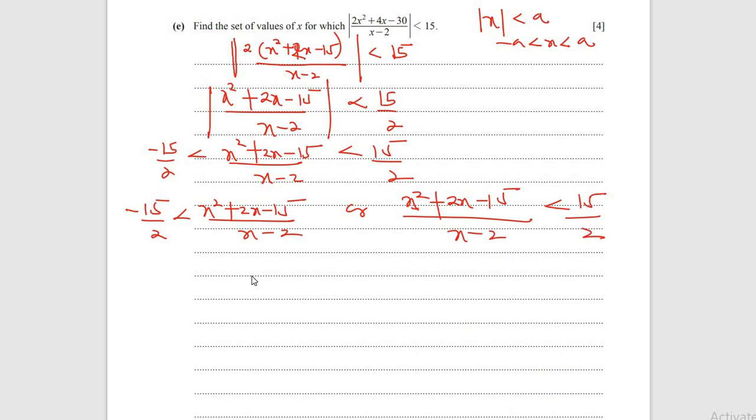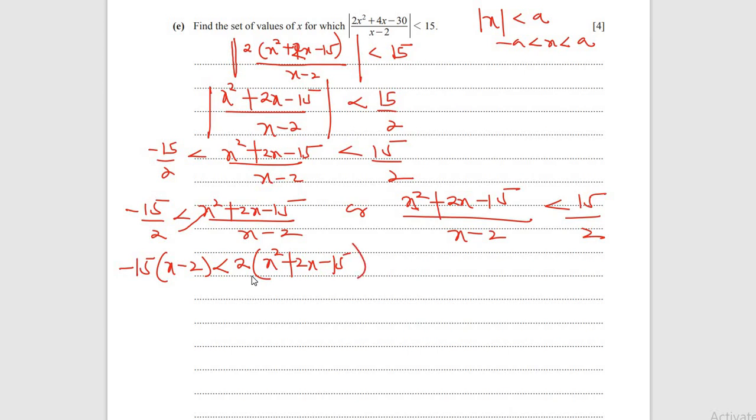So when you cross multiply, in this case, this comes here, that will be minus 15 bracket x minus 2 less than 2 into bracket x squared plus 2x minus 15.